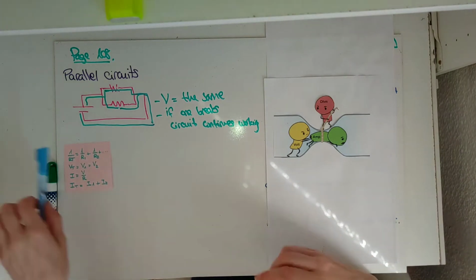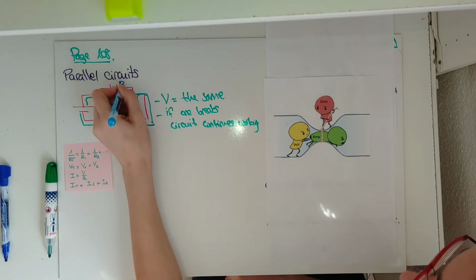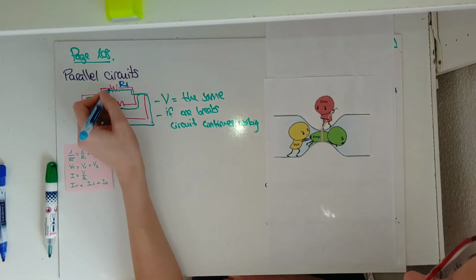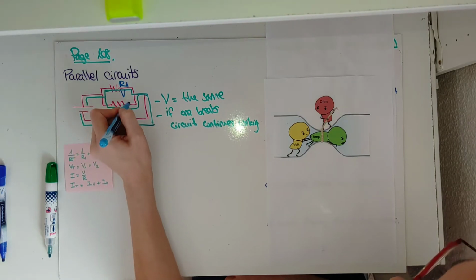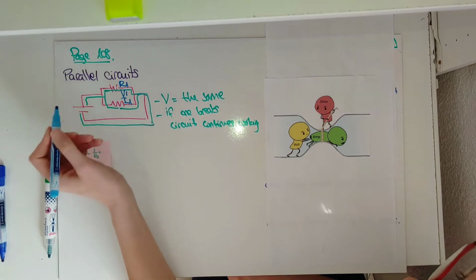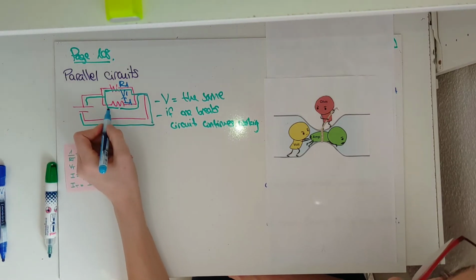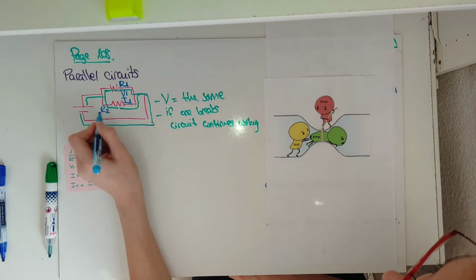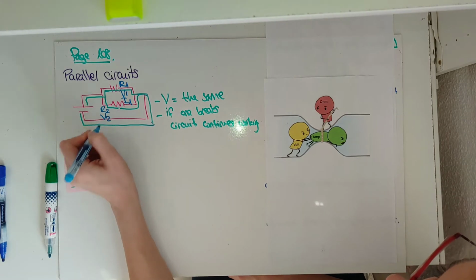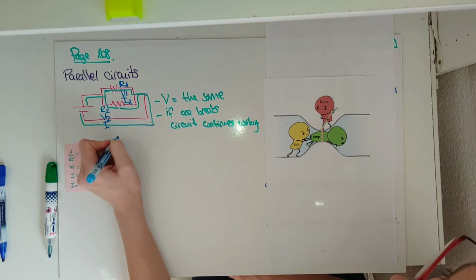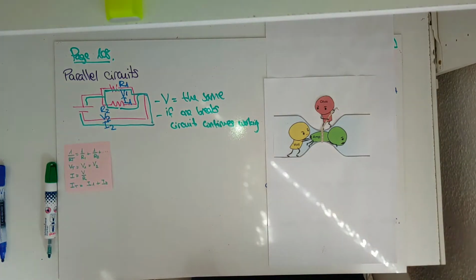So I would have the resistance of the first resistor, the voltage in the first resistor, the current of the first resistor, and the resistance of the second resistor, the voltage in the second resistor, and the current in the second resistor.